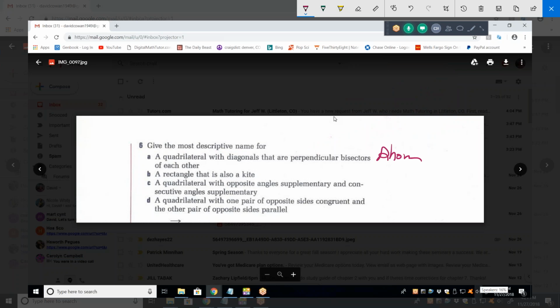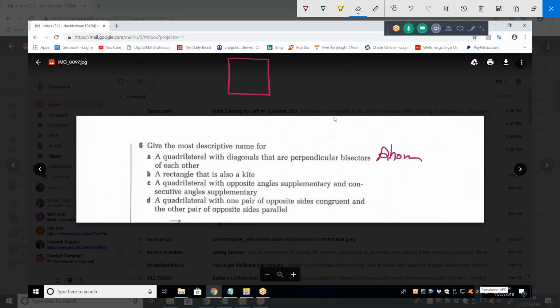And number two, a rectangle that is also a kite. Isn't that also, could it be a rhombus? Well, let's see. If we look at a normal rectangle, there's no way that's a kite, because for a kite, two adjacent sides have to be equal, right? That's the first rule of a kite.